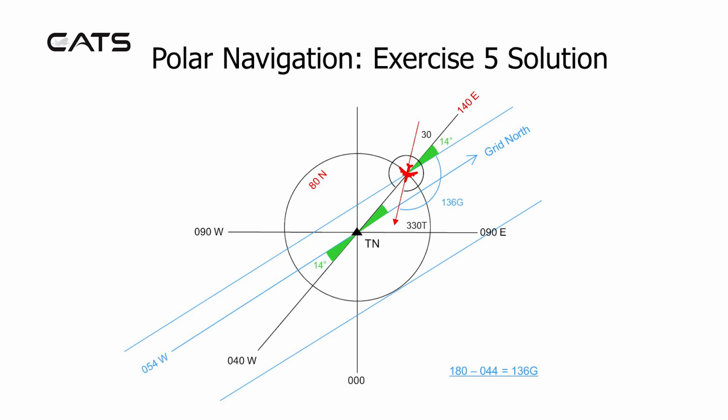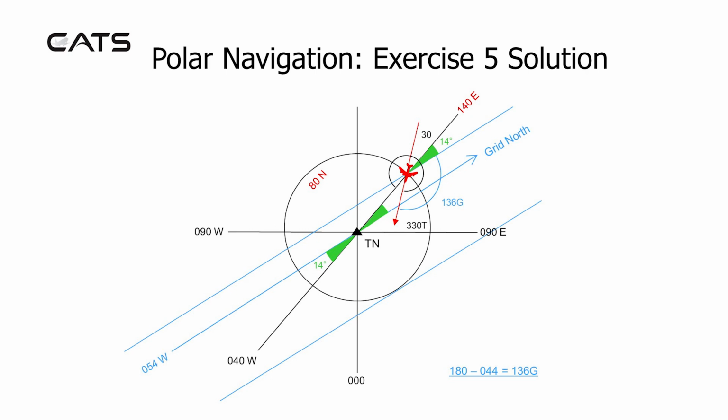The aircraft is at 140 east on the 80 north parallel. It's flying a true course of 330, which you can measure round from the true north in the centre of the page.